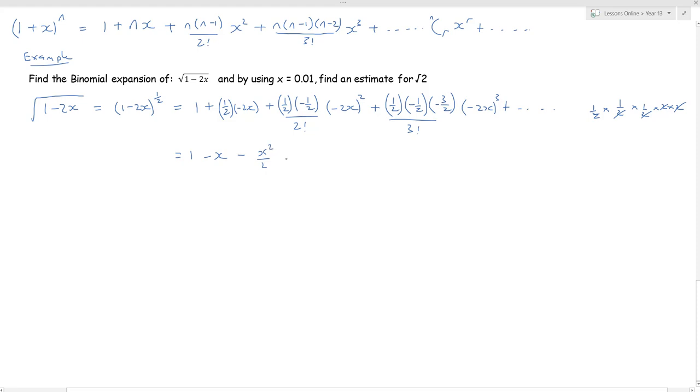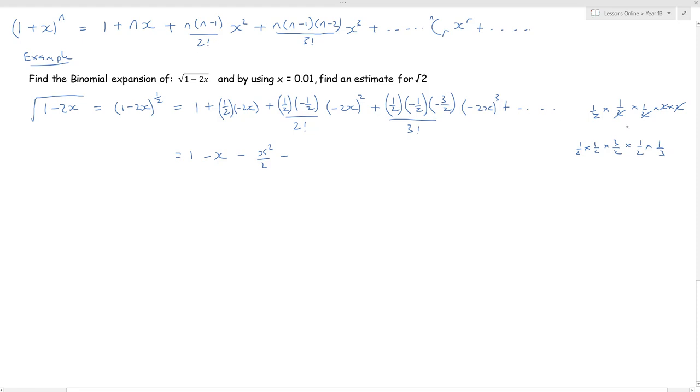Sorry, x squared over 2 even. Here we've got 2 negatives and 3 more, so we've got an odd number of negatives, so that's going to be minus. Again, I'm going to sort this out in the margin, so I've got a half times a half times 3 over 2 times 3 factorial, so it's 1 over 2 times 1 over 2 times 1 over 3, because it's 2 times 3.